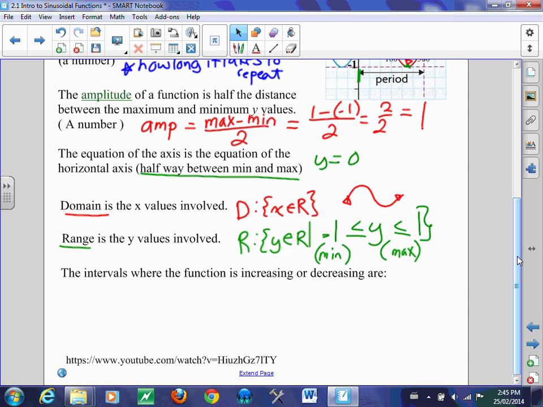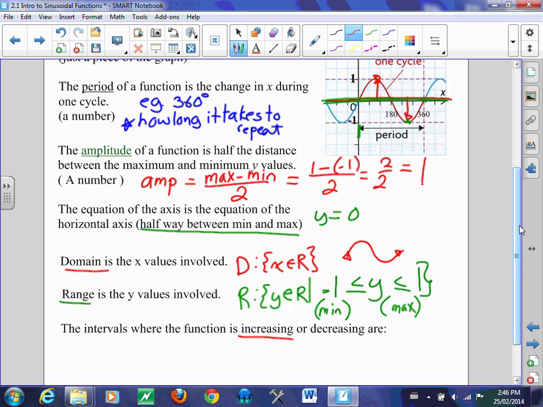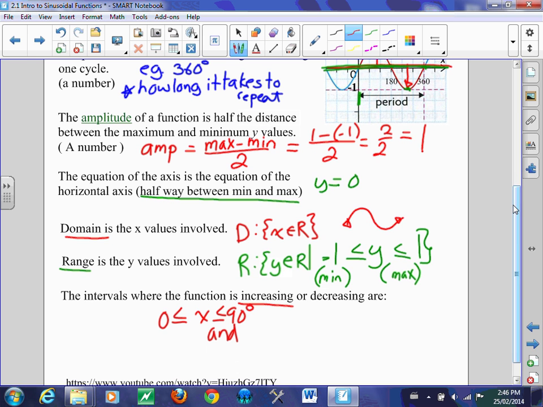And the intervals where the function is increasing and decreasing are. First of all, increasing, take a look at this example. When is it getting bigger? It's between 0 degrees and 90 degrees. And notice that it also gets bigger from 270 to 360.